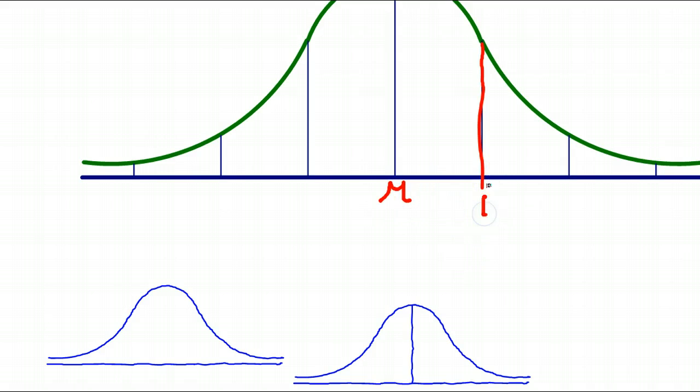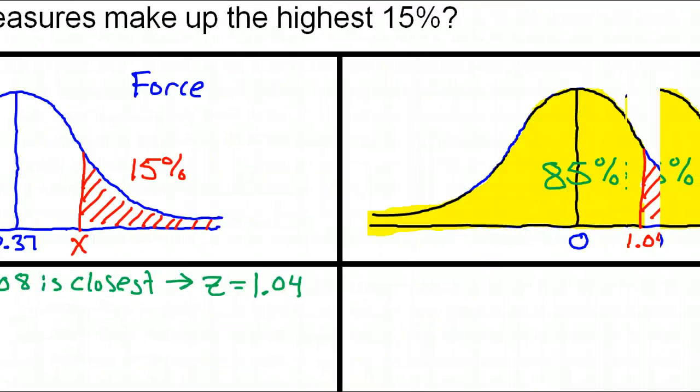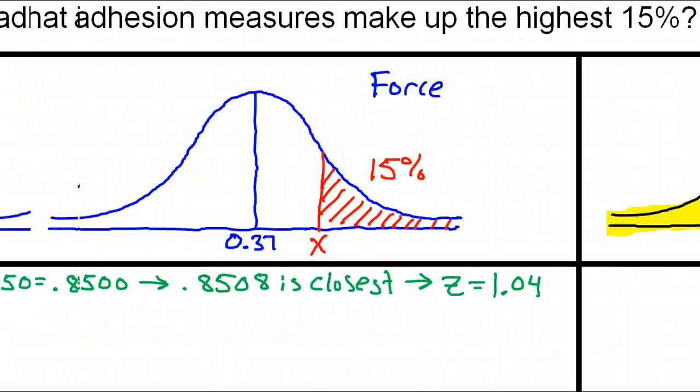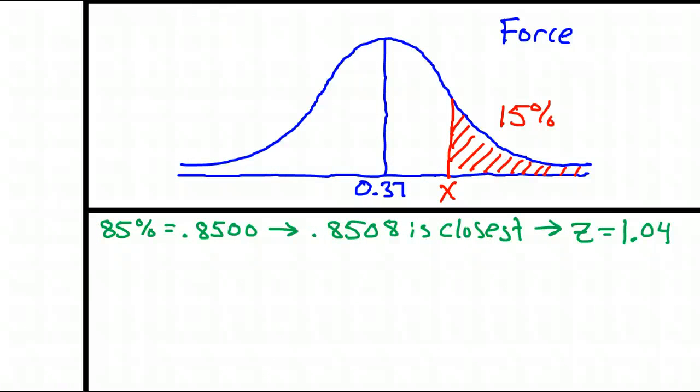This is a standard deviation of 1, and 1.04 is so close that you can't tell the difference. Anyway, I'm getting off task now. So I found the z-score. So that enables me to now find the x value, which is what I really wanted the whole time.